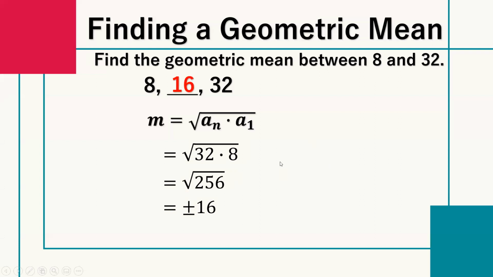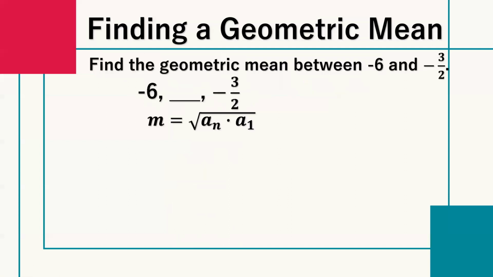So we have the values 8, 16, 32 and 8, negative 16, 32. Meron tayong dalawang geometric sequence na mabubuo kapag kinuha natin yung geometric mean between odd numbers na terms. So meron tayong 3 terms, that's odd number, kaya meron tayong dalawang values, positive and negative.